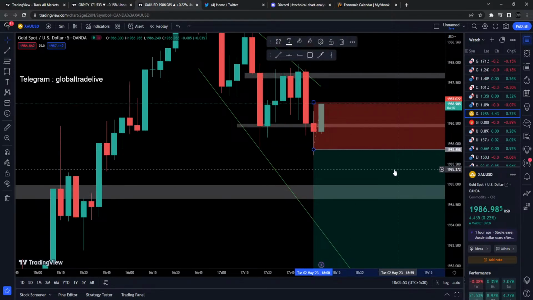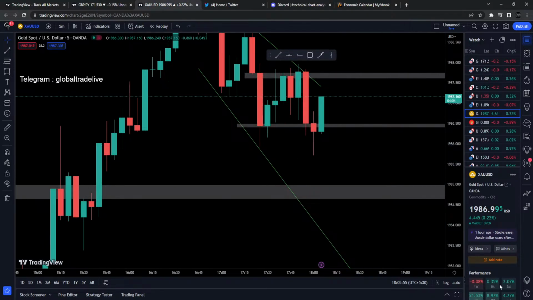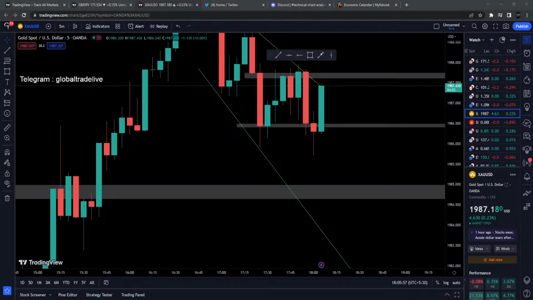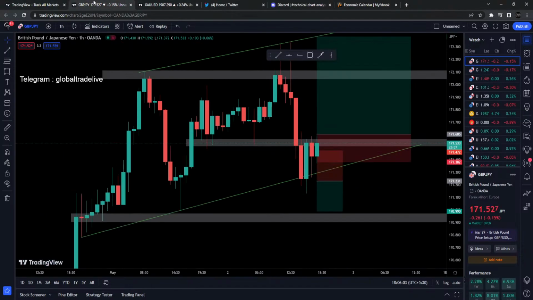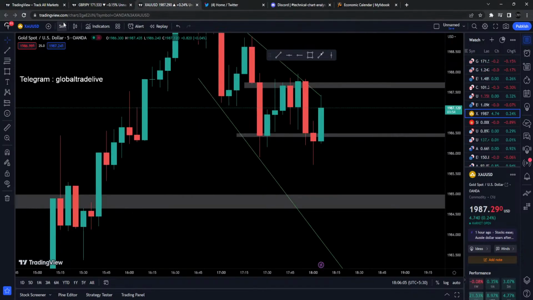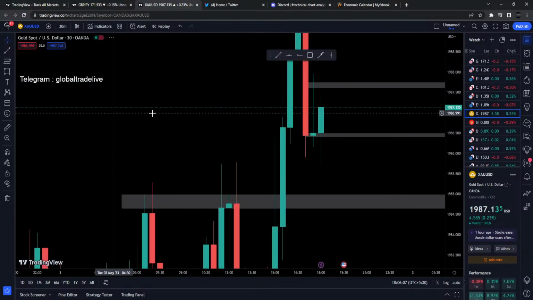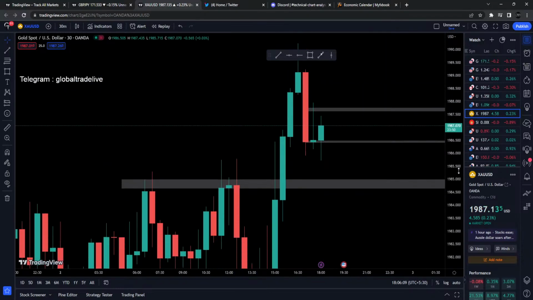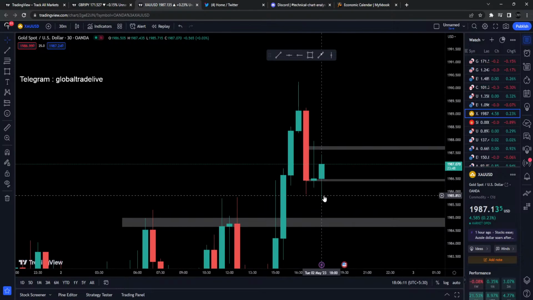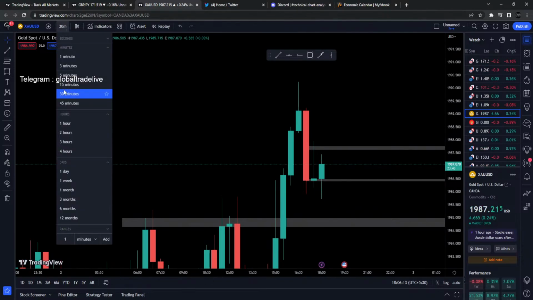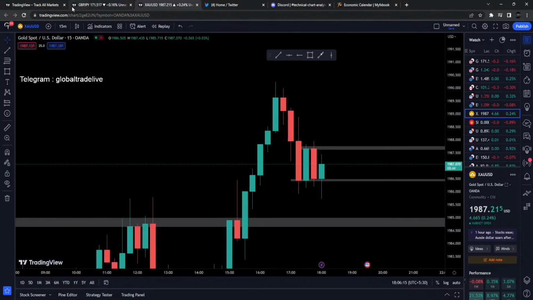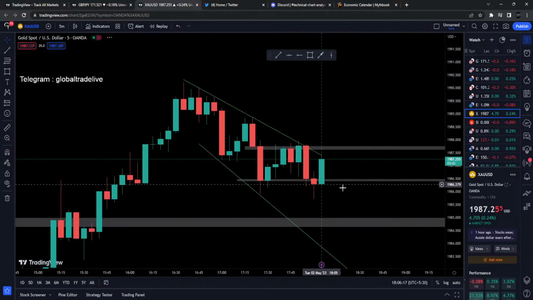Closed everything. So it just came down, now it reversed back. Okay, so gold is playing right now.